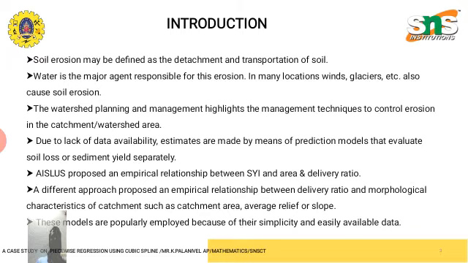A different approach proposed an empirical relationship between delivery ratio and morphological characteristics of the catchment such as catchment area, average relief or slope. These models are popularly employed because of their simplicity and easily available data.